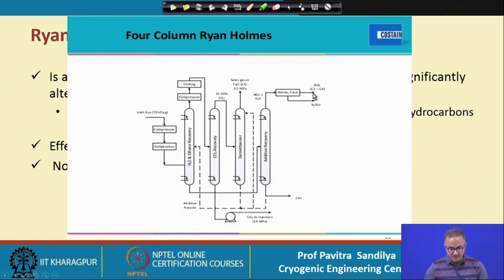And here we are getting the NGL, that is the natural gas liquid, and the sulfur is obtained here, and the other gases are being recovered from this. And ultimately at the last stage we are able to get the C4 plus compounds here. So, this is a typical 4 column Ryan-Holmes process to take out the H2S and carbon dioxide from the natural gas.